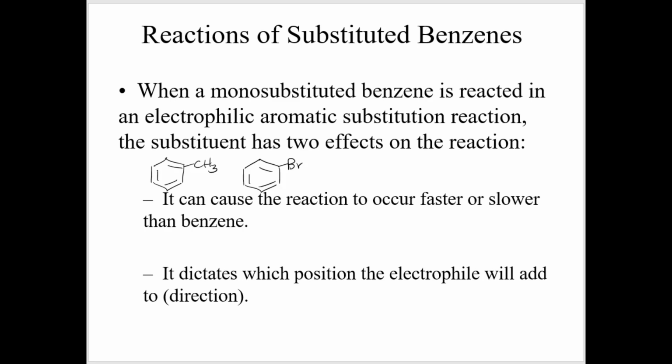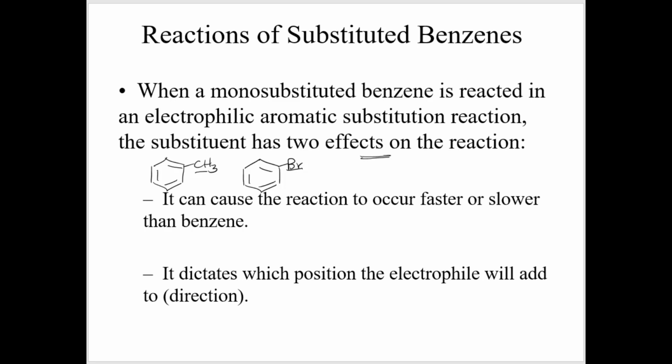What happens when I now want to do electrophilic aromatic substitution or add an electrophile to a substituted benzene? And so the substituent has 2 effects on that reaction. And so we have to understand that in order to be able to understand the rate of the reaction, but also where the electrophile will go.